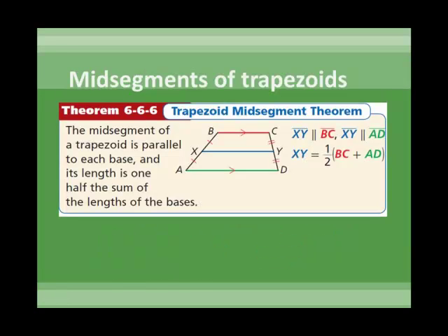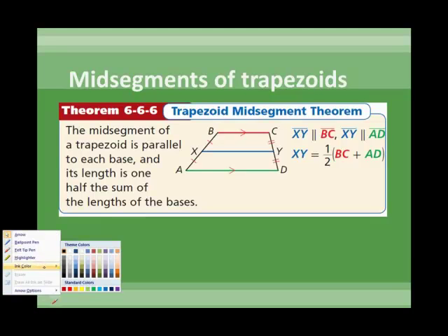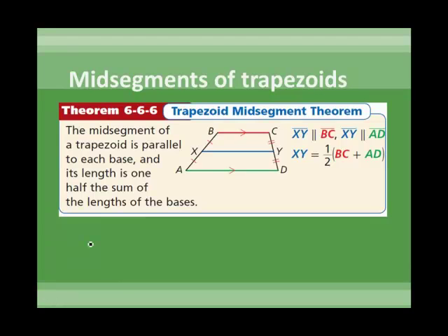Okay, then the last thing we learned was something similar to the midsegment of a triangle. And all this says is, if you take the midpoints of the legs of any trapezoid, it doesn't have to be isosceles, any trapezoid. So X is the midpoint of this leg, Y is the midpoint of that leg.